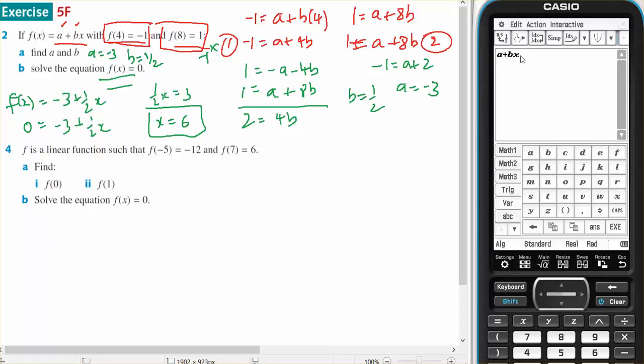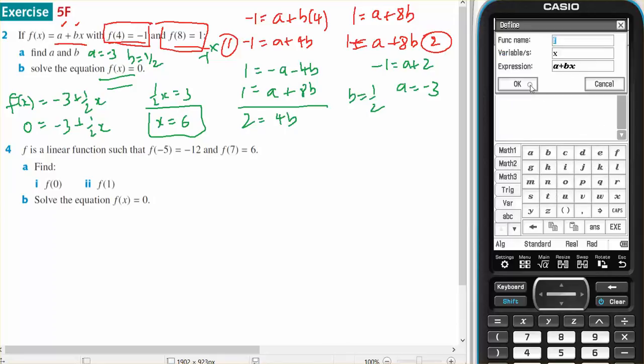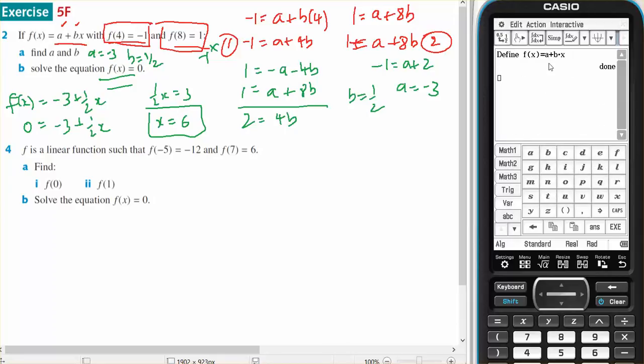Okay, I've got a plus bx is what f of x equals. Just press x to make sure that a, b and x are all fine, and I get a multiplication in between. So I'm going to interactive define. And then I know that f of 4 equals -1.